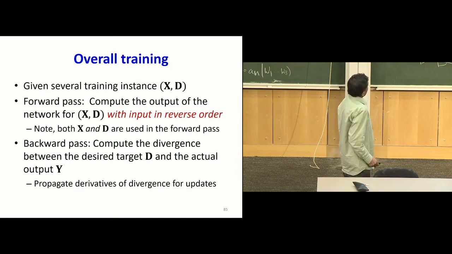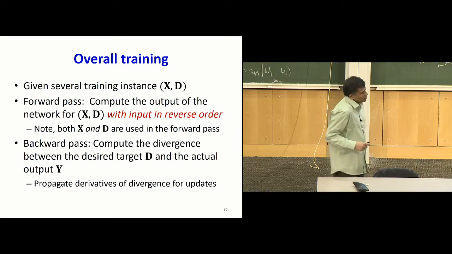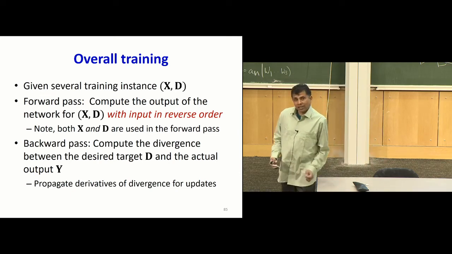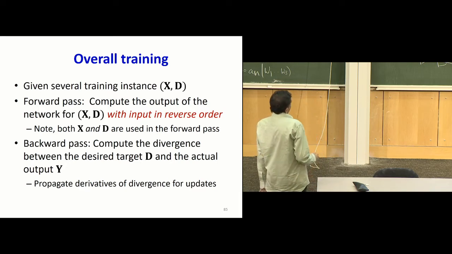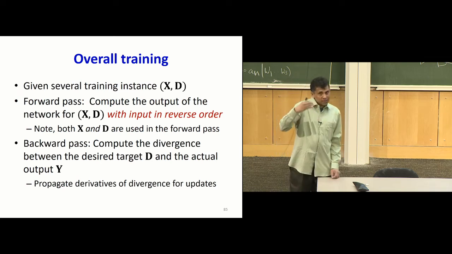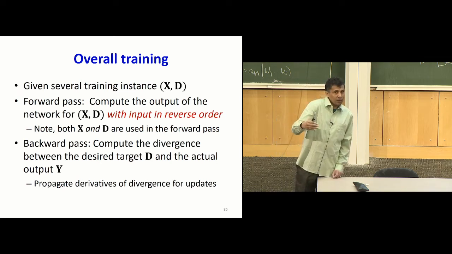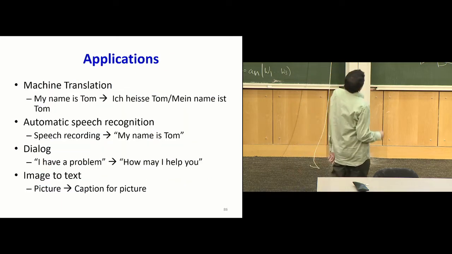So in this case, the overall training would look something like this. In the forward pass, you'd compute the output of the network using both the input and the target sequences, but now the input is provided in reverse order. And then during the backward pass, you compute the divergence between the desired target output and the actual output and backpropagate it to learn your parameters.